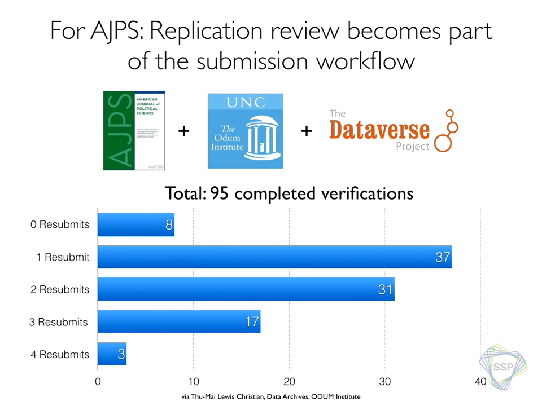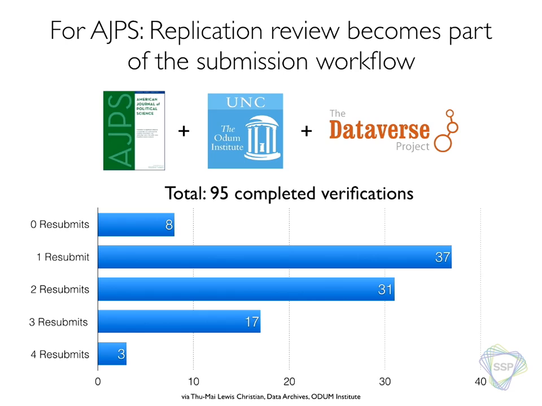In this case, AJPS has used the Odum Institute at the University of North Carolina as a third party to review the data that comes with every article and make sure that all the results replicate. As I said, I think only two or three of the journals that we support are doing this. Even though depositing data at Harvard Dataverse is free, the replication review is not a free service.